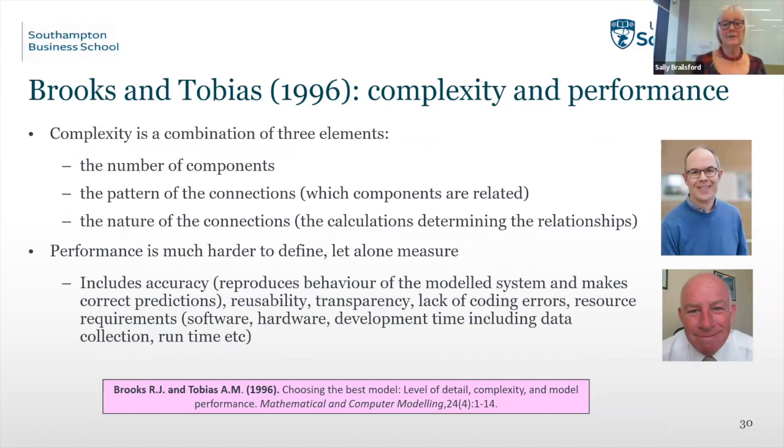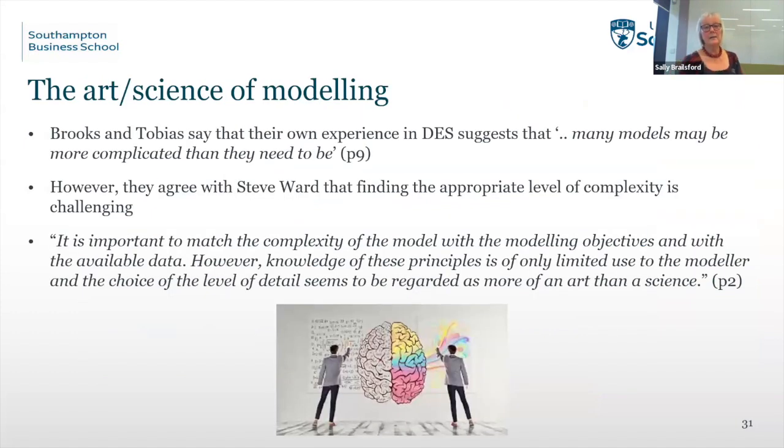Does it contain errors, etc.? But they think of complexity as basically how many components are in it, which ones are related, and how precisely they are related. That forms the definition of complexity. They say, and I think we would all probably agree, that a lot of models are more complicated than they need to be to solve a particular problem. And of course, they agree that finding the right level is difficult. They say it's perhaps more of an art than a science.